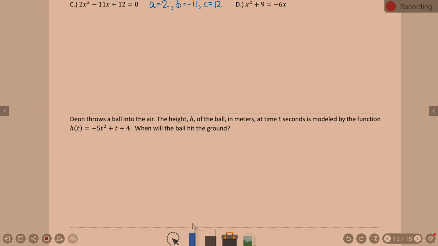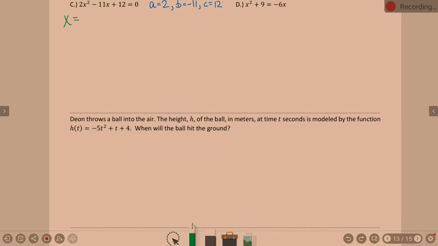Okay. If you've started C, notice it already equals 0, doesn't it? So you can just go straight into your ABCs. So x equals negative b.